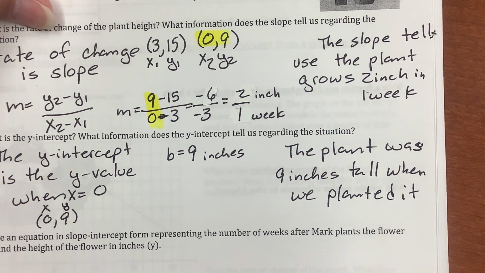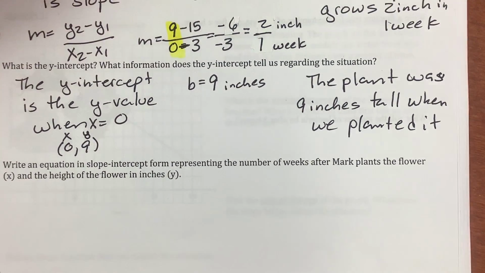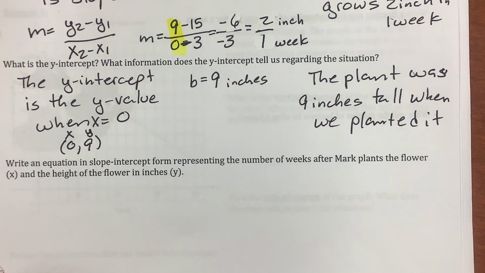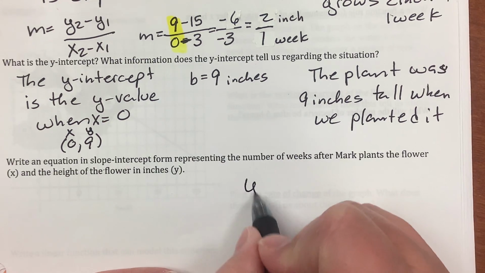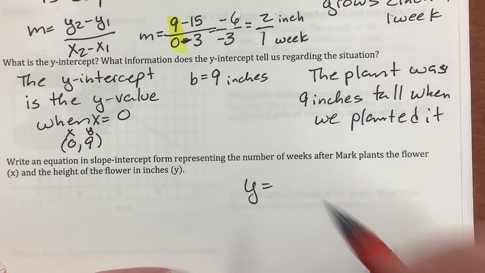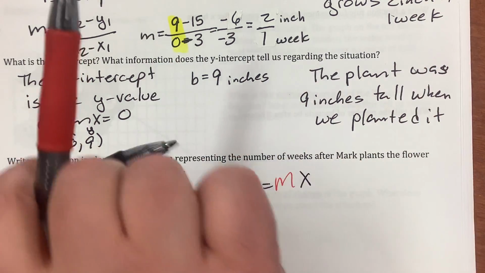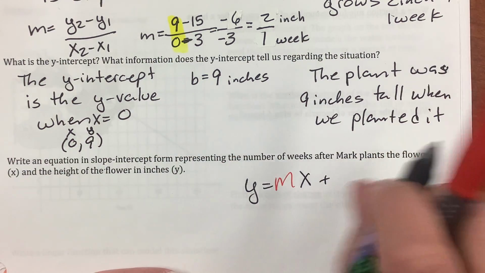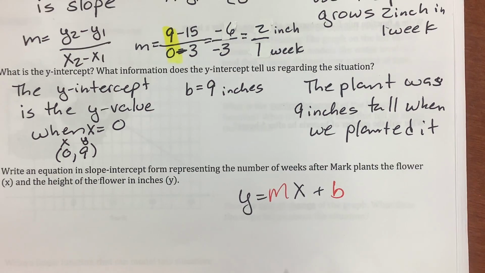Okay, last thing, write an equation in slope-intercept form representing the number of weeks x after Mark plants the flower and the height of the flower in inches y. Okay, so y equals mx plus b, and I know some information from up here.